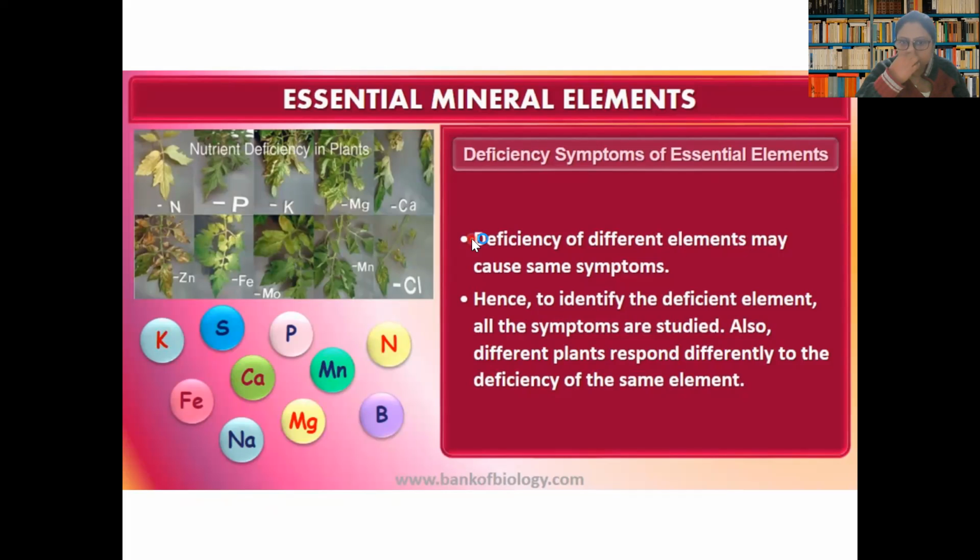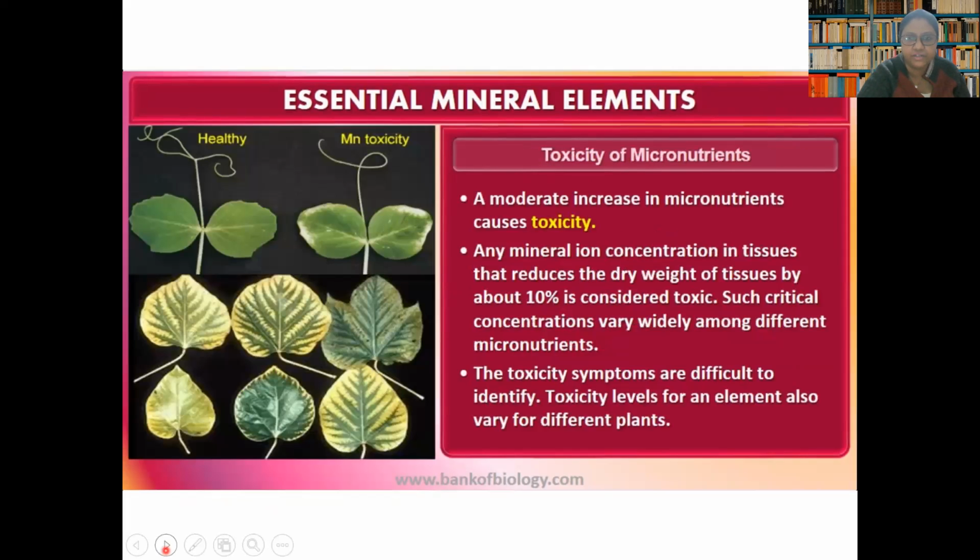So this is the way it is done. We require a detailed study to see that different plants have different types of deficiency. So we need to have an expert to look into the matter, and that expert will look into all types of deficiency symptoms, and then only it can be decided.